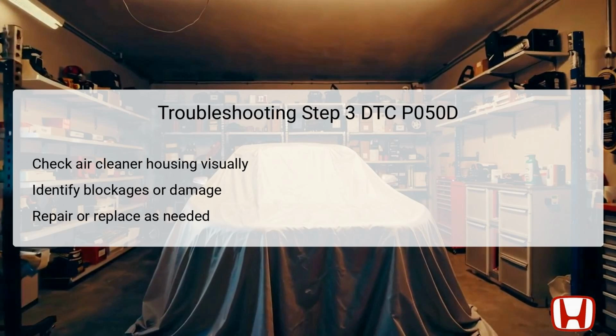Inspect the housing carefully for any breaks or disconnections. If any issues are found, the air cleaner housing must be repaired or replaced to ensure optimal air intake and engine performance before proceeding to the next step of checking the air cleaner element.